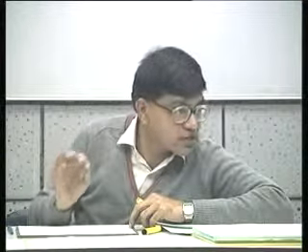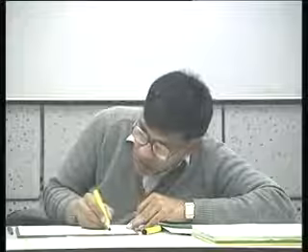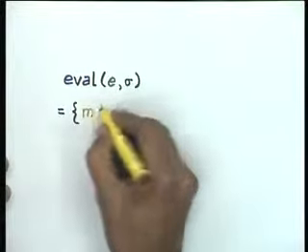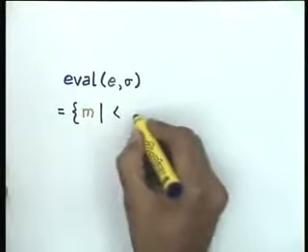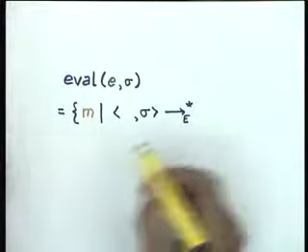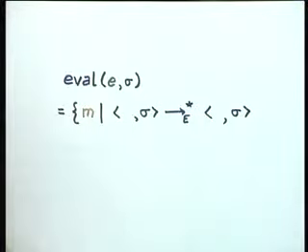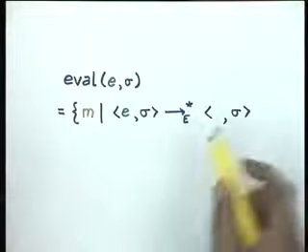Until you have proved that, you cannot be sure. So we'll define eval of E sigma as being equal to the set of all values m which lead to a terminal configuration.